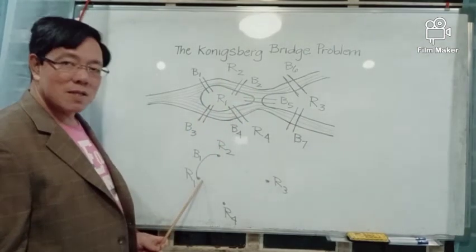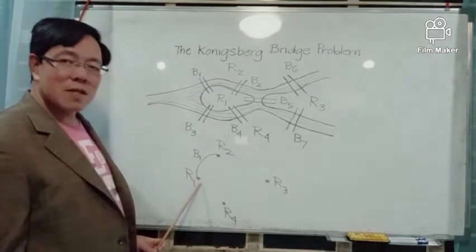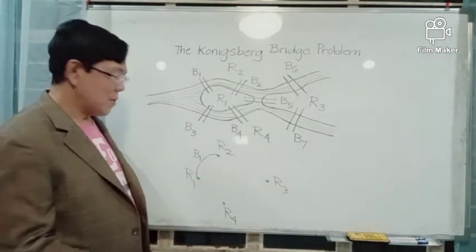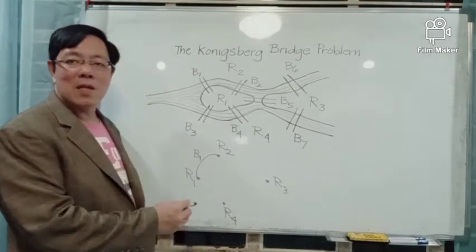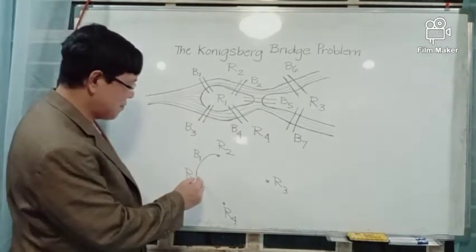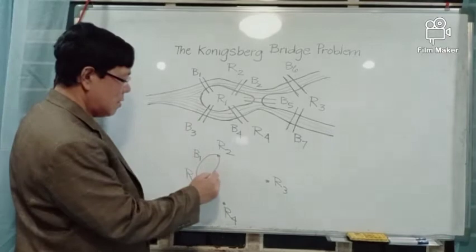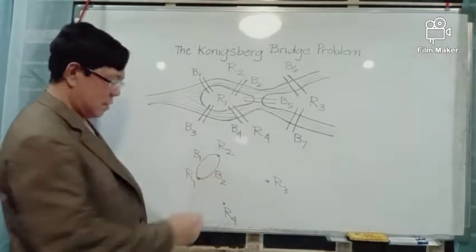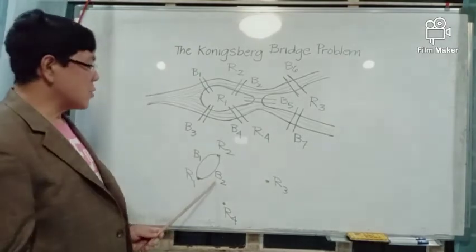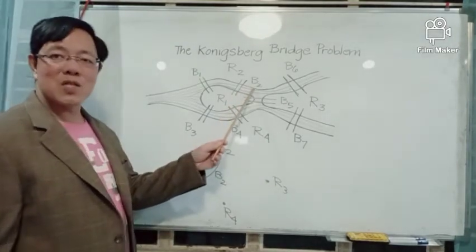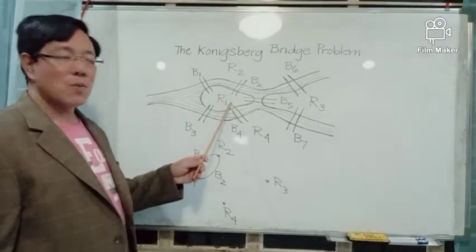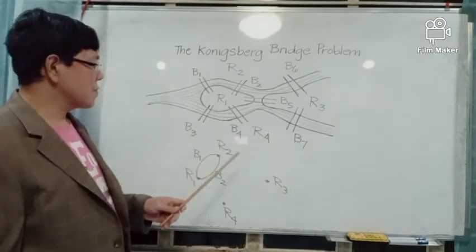Thus, we connect these two vertices R1 and R2 by another line, or we call it an edge, in a graph. And we call this B2. This edge B2 represents the second bridge that links region 1 and region 2.